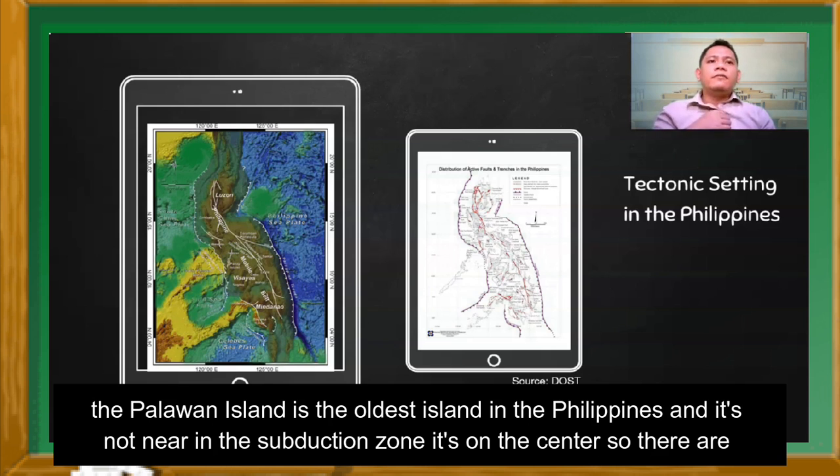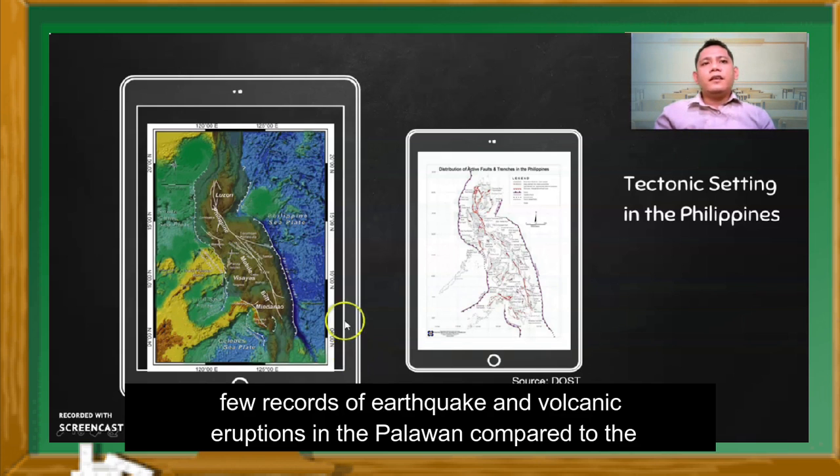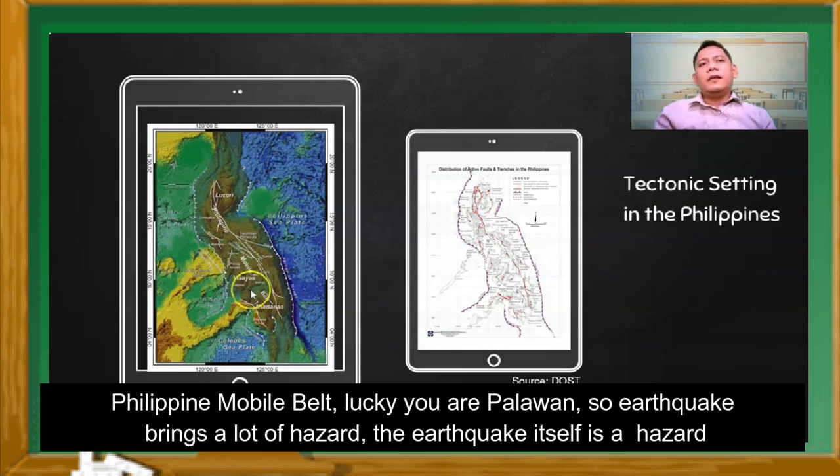So there are only few records of earthquakes and volcanic eruptions in Palawan compared to the Philippine Mobile Belt. Lucky you are, Palawan. Sana all. So, that's it.